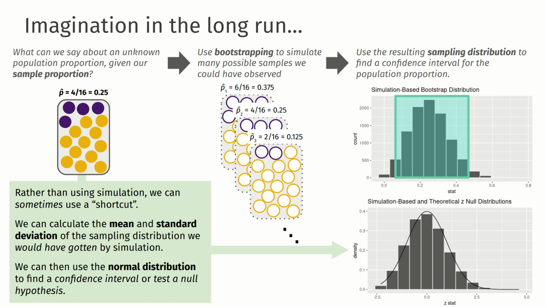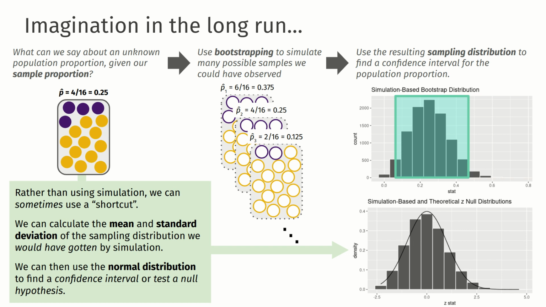And knowing that mean and standard deviation allows us to use the normal distribution, that's this dark line here, to do all the same things that we would have done with our sampling distribution that we constructed with simulation.